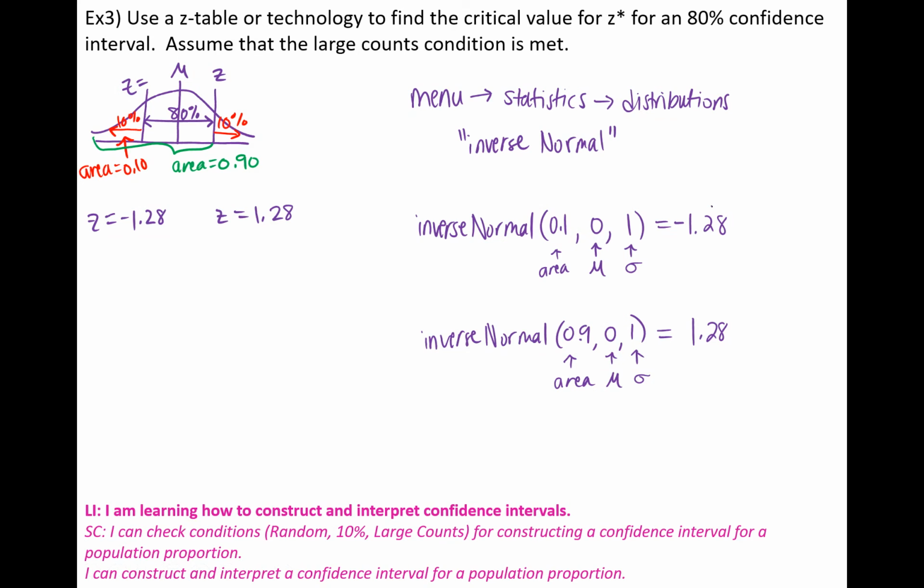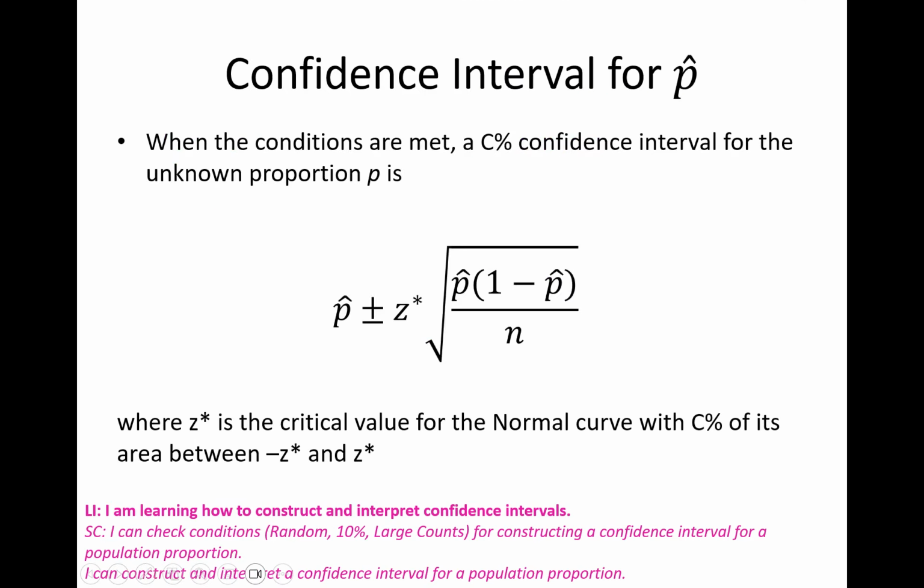Much better. Okay. Moving forward, so our confidence interval for p hat, when our conditions are met, this is the format for our confidence interval. We have that first piece right here, the p hat, that is our estimator. And then we have to the right of the plus or minus sign, this whole section.